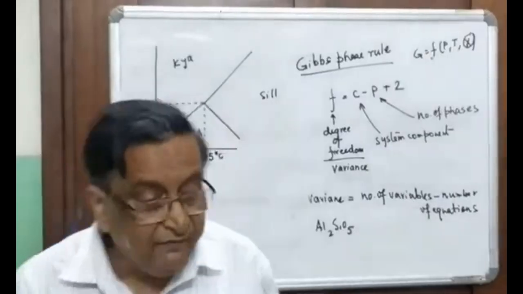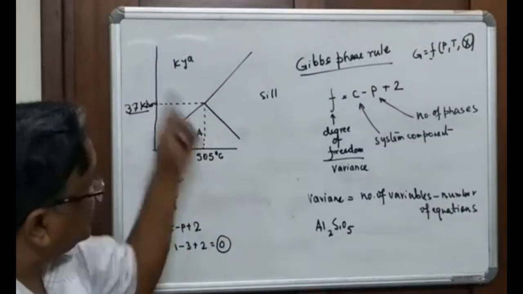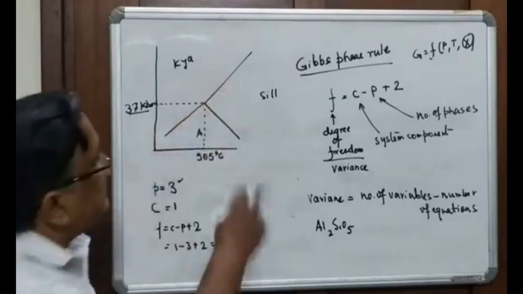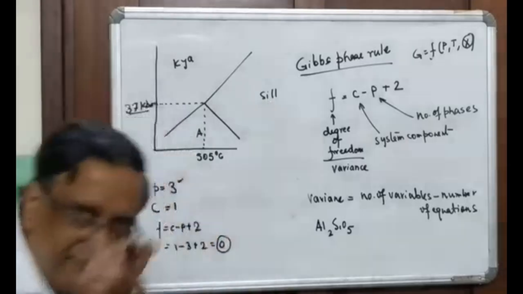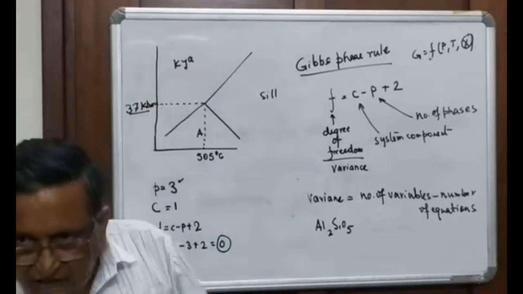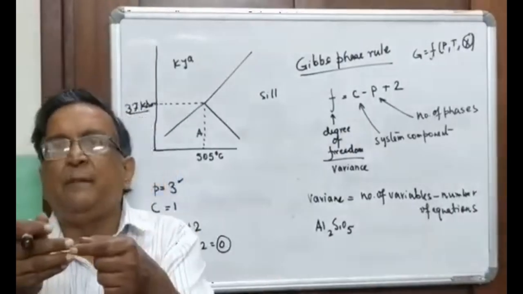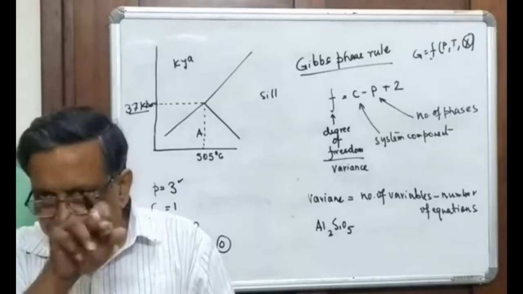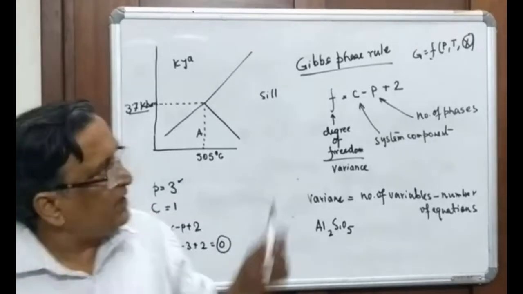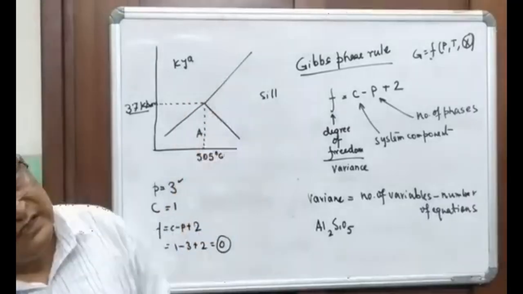So essentially when you write a reaction, say for example, kyanite is equal to sillimanite, since sillimanite has a free energy equation and kyanite has another free energy equation, then you will have a reaction where at equilibrium the free energy of kyanite is equal to the free energy of sillimanite.